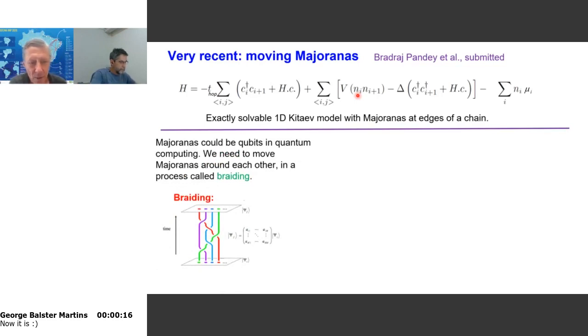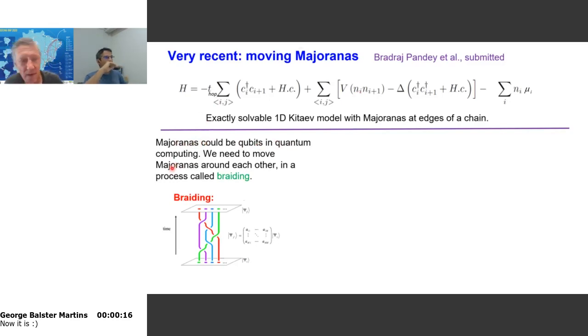And here, what I just unveiled is an area that I know next to nothing about, the famous braiding of Majoranas. Turns out that these Majoranas are so popular these days because they could potentially be used as qubits in quantum computing.